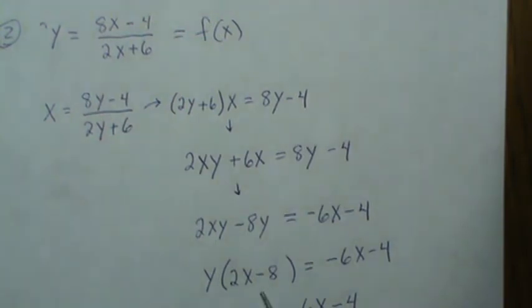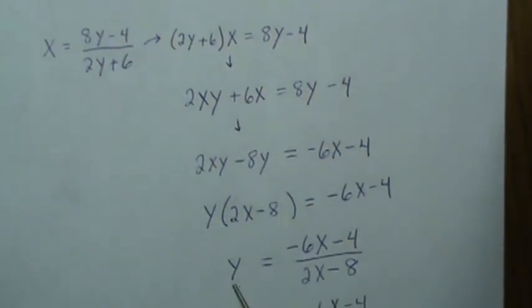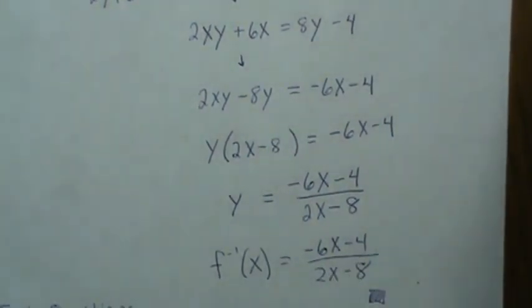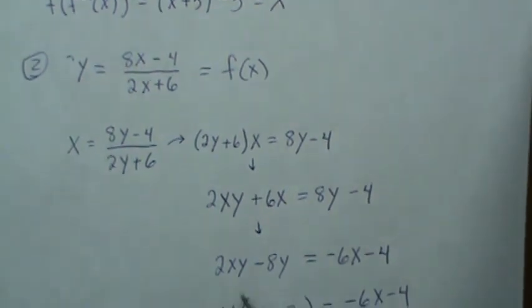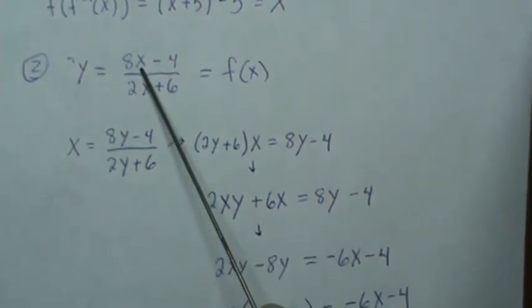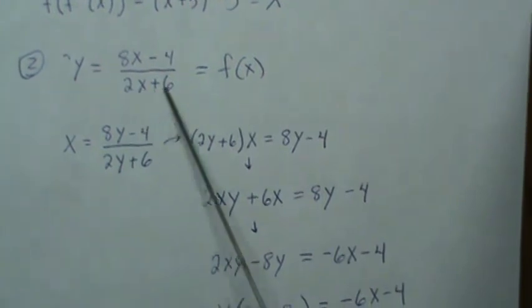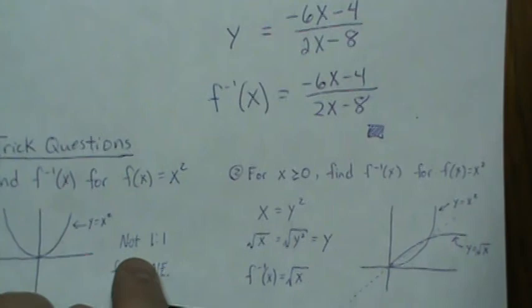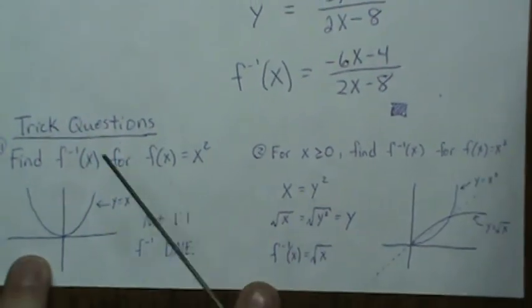And then we divide both sides by this piece, and we get y is equal to this, which says f inverse is this function. Okay, so now the way that we could prove that is you take f inverse, so this whole thing, and plug it into this x and that x, and then solve it, and you'll get x back. But we're not going to do that to keep this video short.